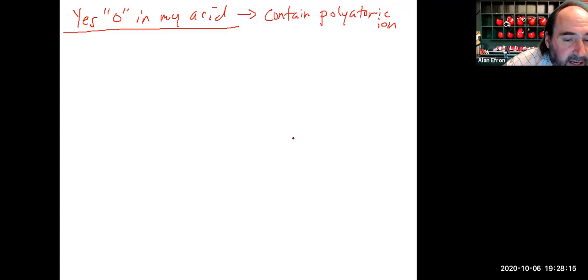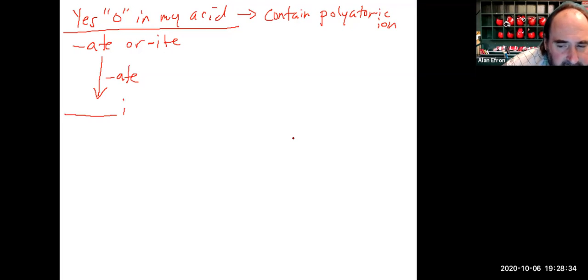It either ends in ate or ite. So if your acid does have oxygen and your polyatomic ion ends in ate, the name of the acid is something ic acid. You ate too much, you feel icky. That's a good way to remember that, I suppose.